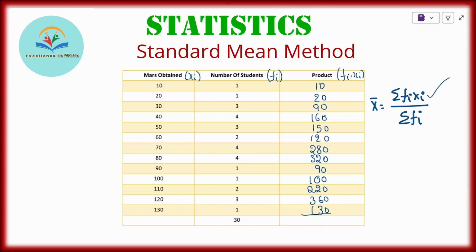Now, by adding all these products, we got the sum as 2050. And we already know that the sum of all frequencies is equal to 30. So let's substitute this in the formula: 2050 over 30, that is equal to 68.33.